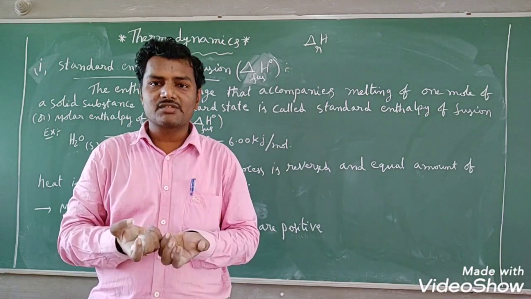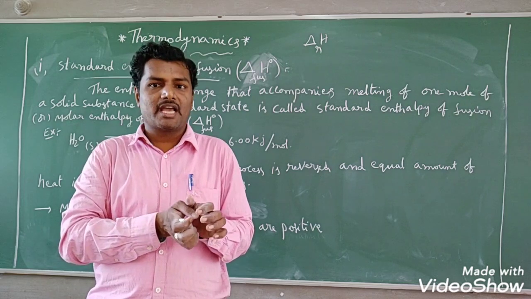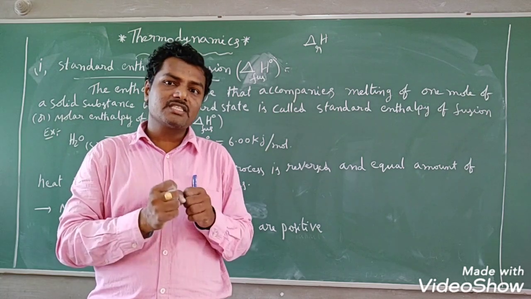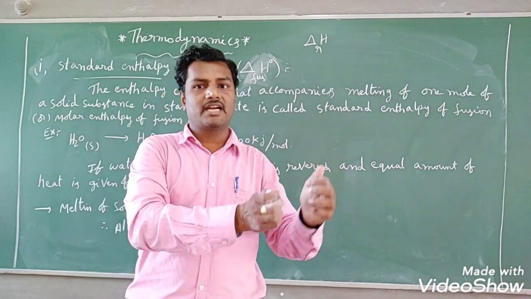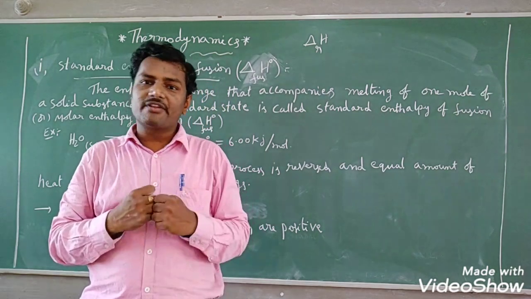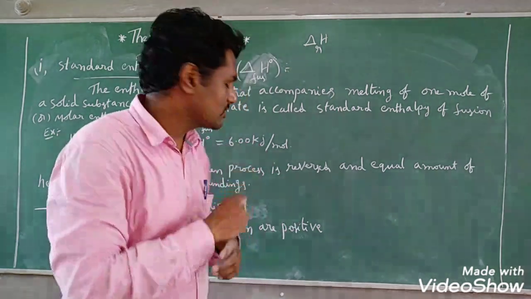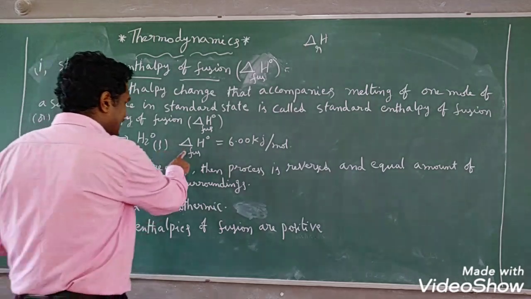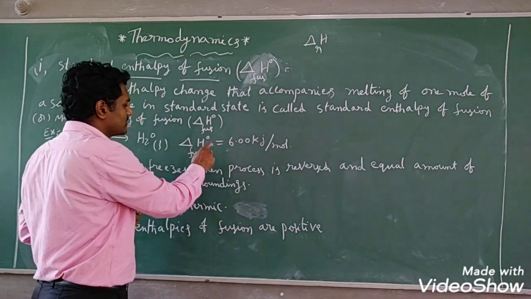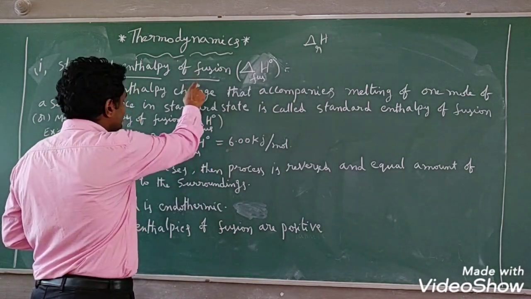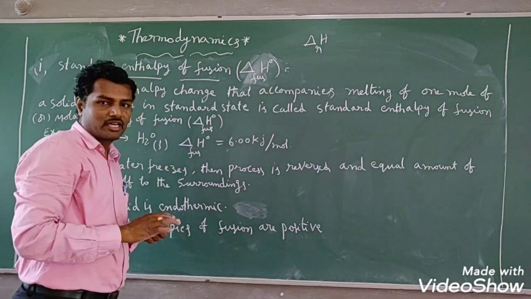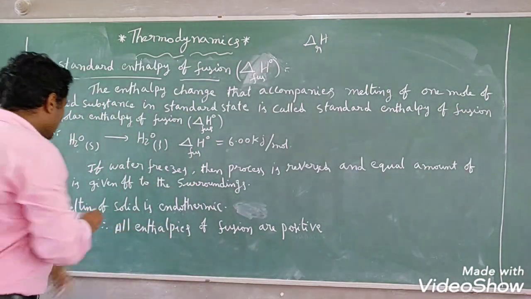Such reactions we call endothermic reactions. And the reactions in which heat is liberated by the system, such reactions we generally call exothermic reactions. So here the delta H value is positive, so that's why such enthalpy changes we call endothermic, right?